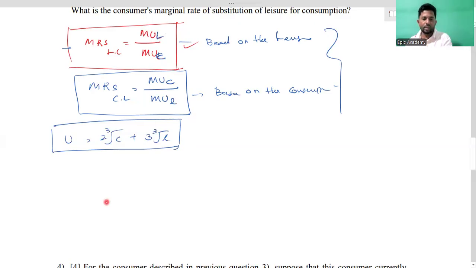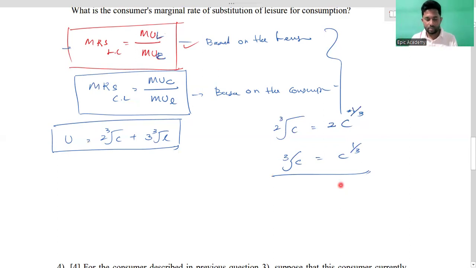For example, the cubic root of 2 is always equal to 2 to the power 1 divided by 3, because we know the cubic root is always equal to this value. How can we identify this one?